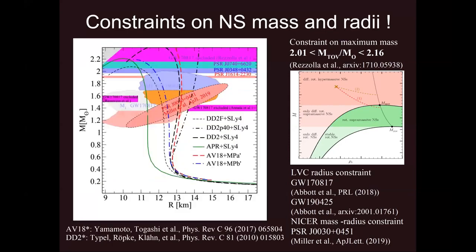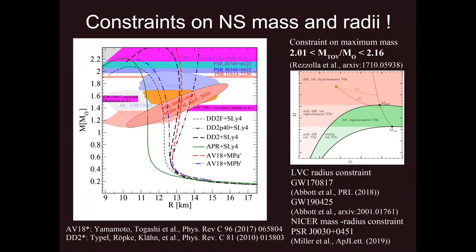Now, let us illustrate this situation where we forget about exotic matter in the star. So what if a neutron star is just normal nuclear matter made up of neutrons and protons and electrons, the usual NPE phase of matter.